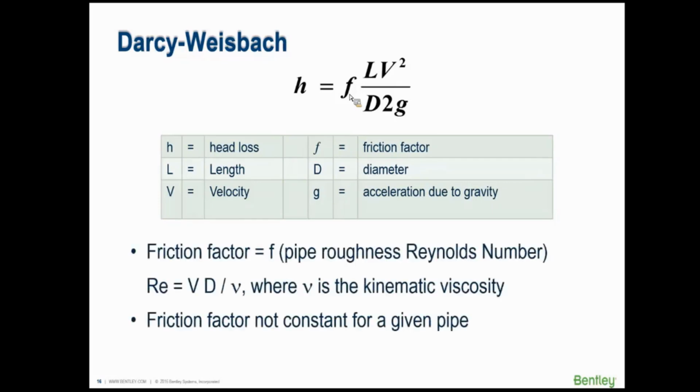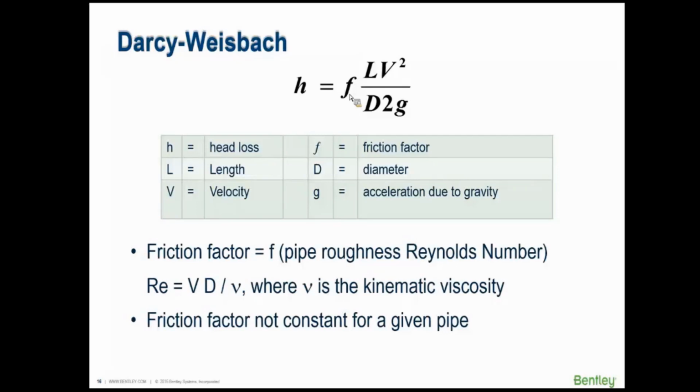So they found out that the value of F depends on the form of the roughness, how big it is, and the shape. It also depends on the Reynolds number. Remember the Reynolds number? It's an indication of the relative importance of viscous forces to inertial forces. So they found that the friction factor depends on the pipe roughness and the Reynolds number.